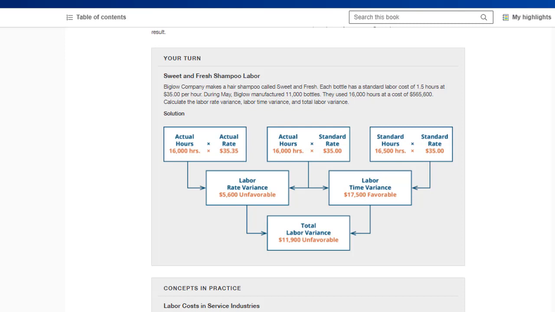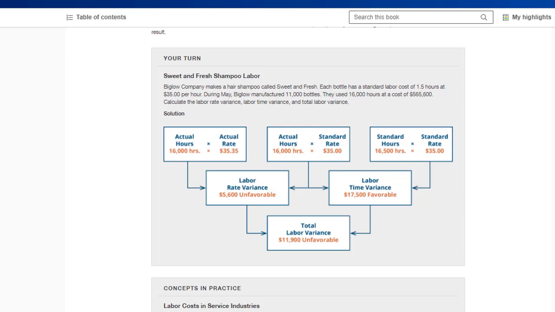Finally, and this is a different way to find the same textbook error. If you look at the two boxes in the middle row, the box on the left says you paid more per hour than you thought you would, and that hurt you to the tune of $5,600.